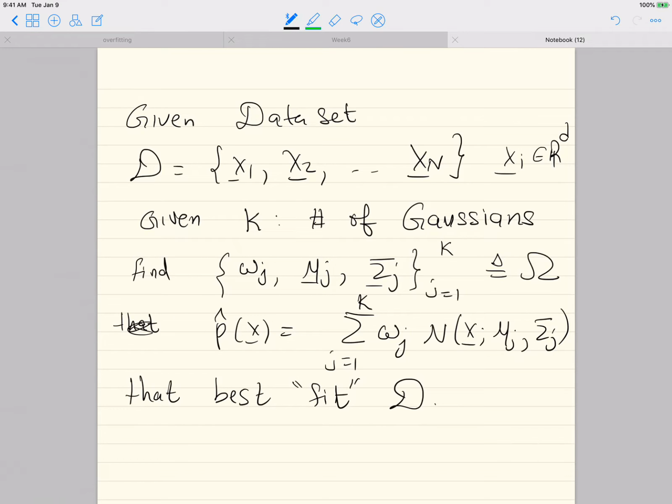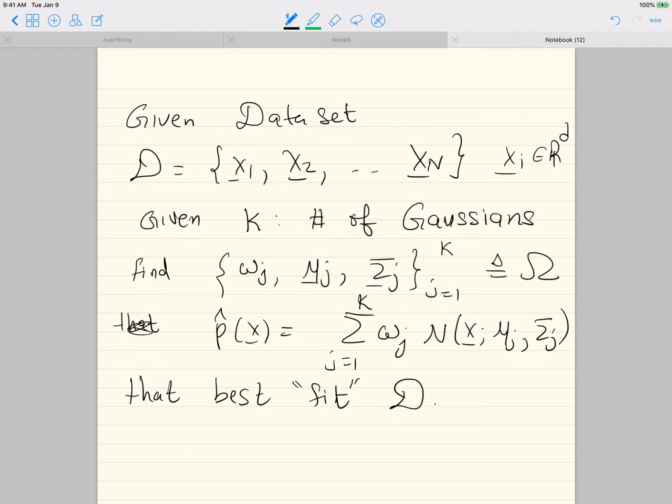What's the natural definition for the best fit? Minimize the error function. Okay, what error function should be used here? The maximum likelihood. Okay, so the idea is that for each choice of these parameters, you will have a density function.